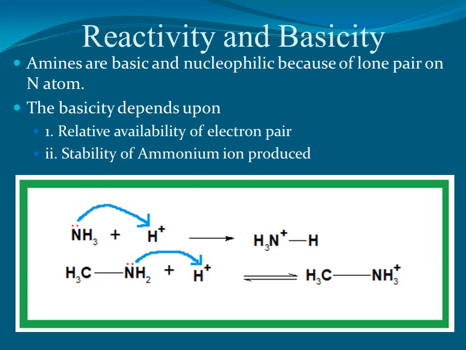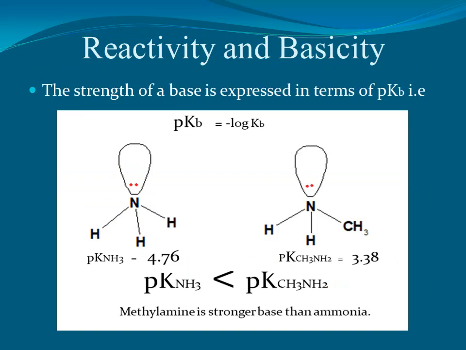Students, let us compare the basic strengths. You know that the strength of a base is expressed in terms of pKb values. For example, you can see this is ammonia and this is methylamine. pKb is equal to negative log of Kb. What is Kb? Dissociation constant of a base.